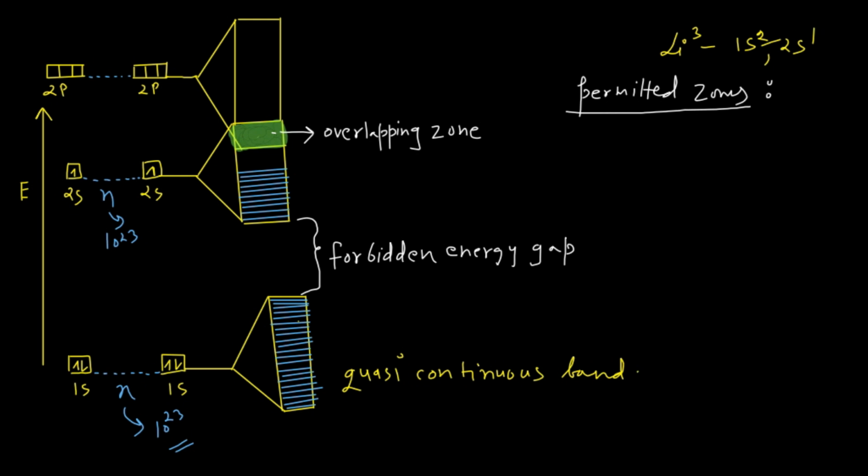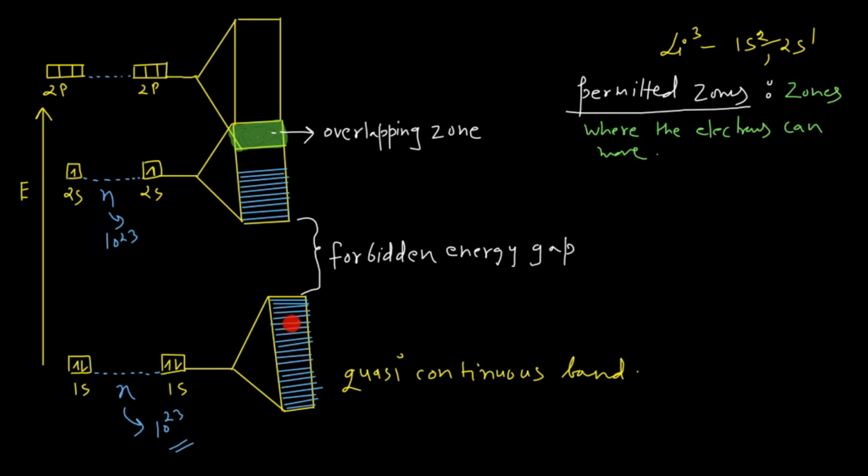The zones where the electrons can move. Now you can see here, these electrons can change their positions.